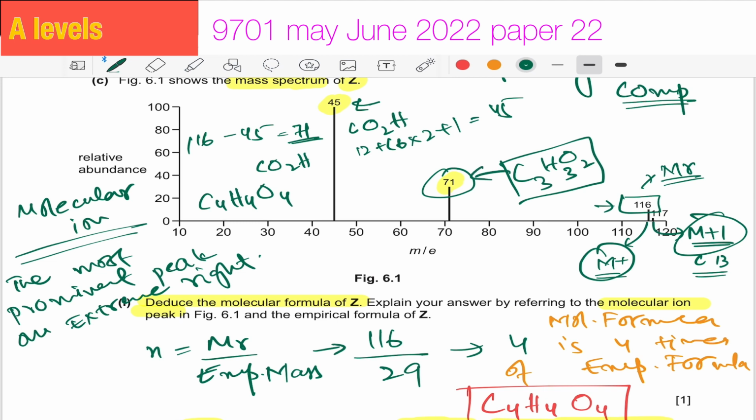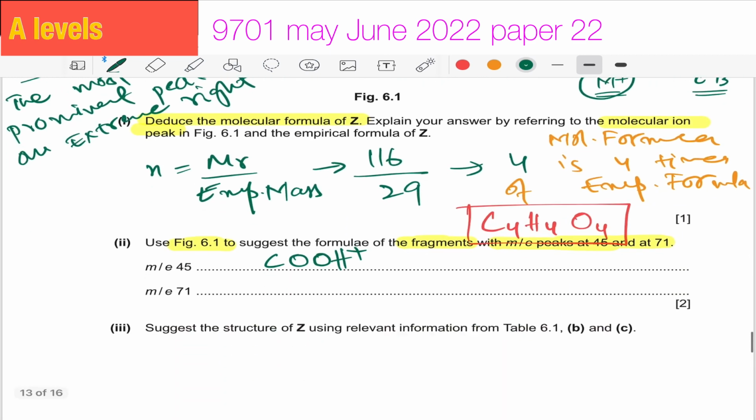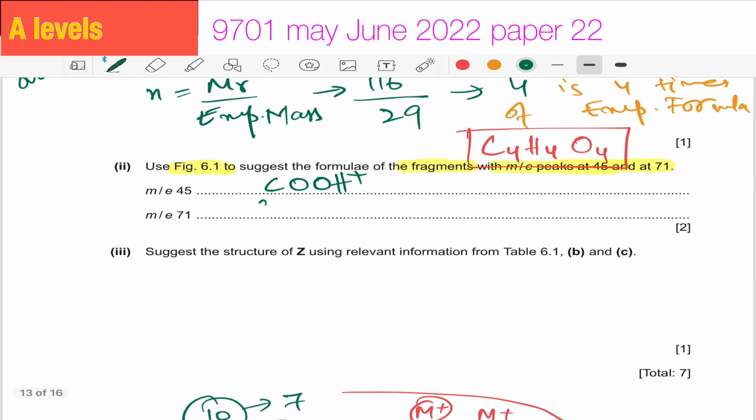If you add their atomic masses, it would be 12 into 3 plus 3 plus 16 into 2, which is equal to 71. So the fragment responsible for the peak at 71 is C3H3O2 plus.